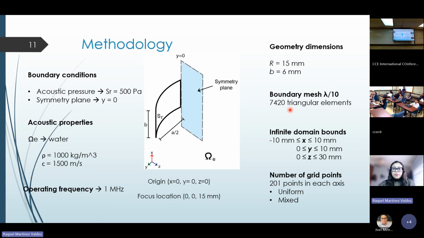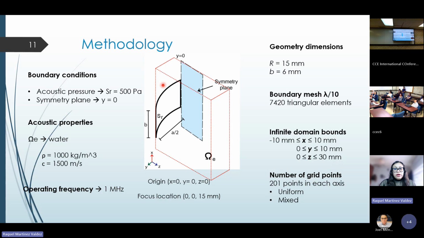Also, in a post-processing stage, we need to define infinite domain bounds, or the volumetric bounds where we are going to calculate the acoustic field inside, for example, this box. So the infinite domain for the x-axis was from -10 millimeters to 10 millimeters, for y from 0 to 10 millimeters, and for z from 0 to 30 millimeters.